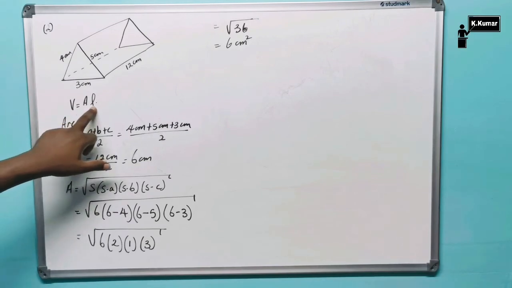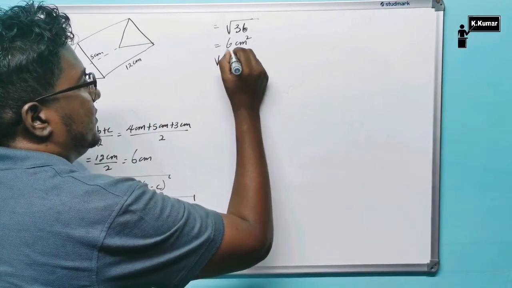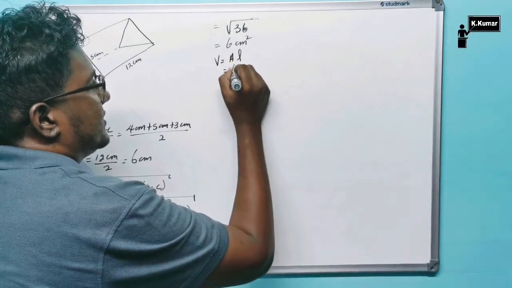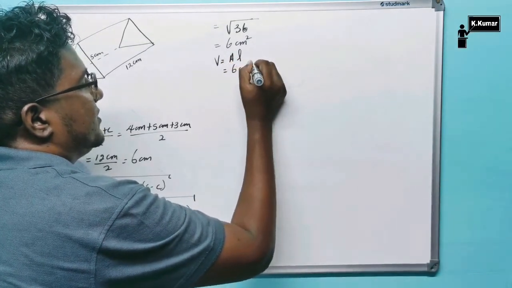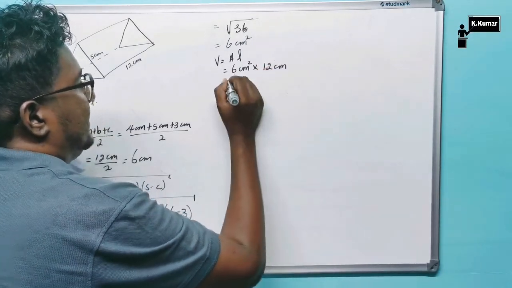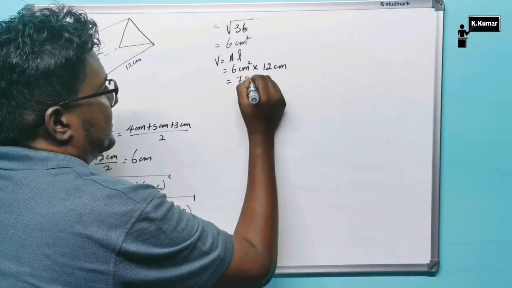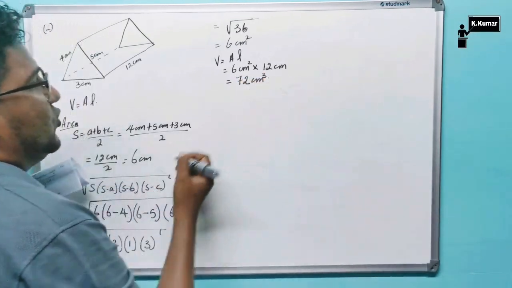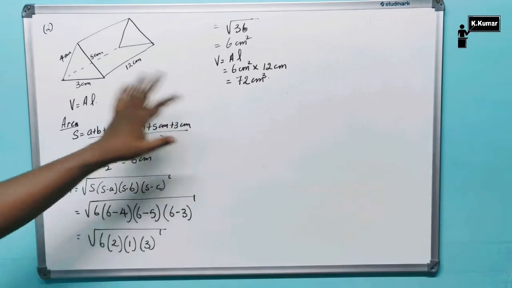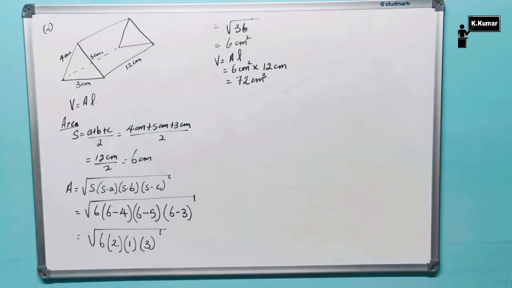We now have to do the other part, which is multiplying it by L. So the volume is equal to AL, which is 6 cm squared multiplied by the length, which is 12 cm, and 6 times 12 gives me 72 cm cubed. This is the volume of this shape using Heron's formula.